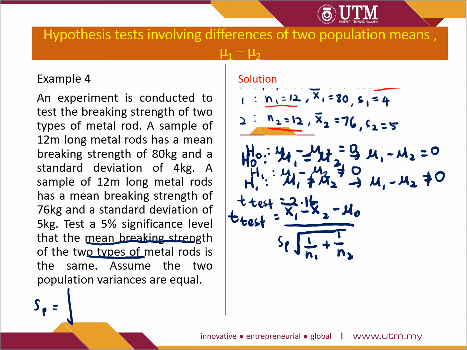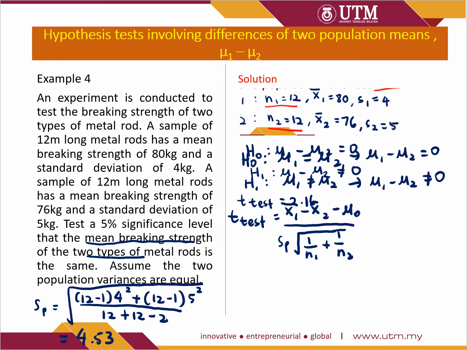Our N1 is 12 minus 1, times the variance from the sample, which would be 4 square, and then plus the variance, which will be 5 square, over N1 plus N2 minus 2, is equal to 4.53.